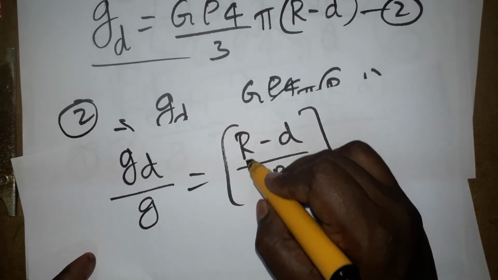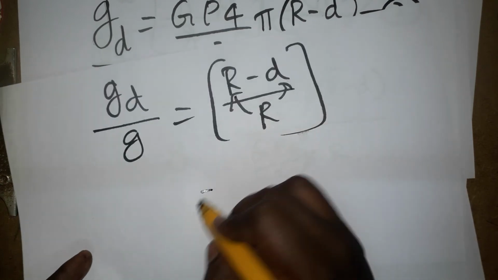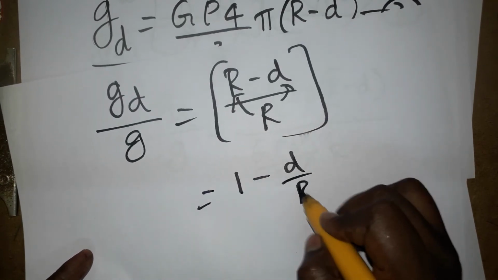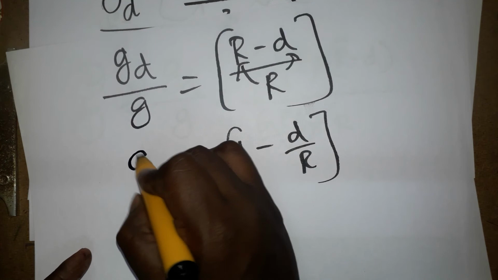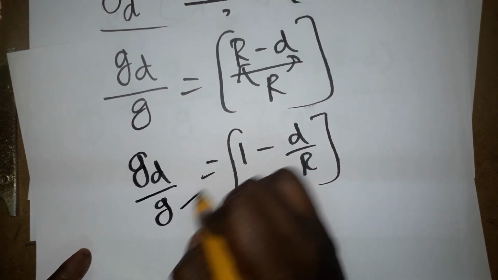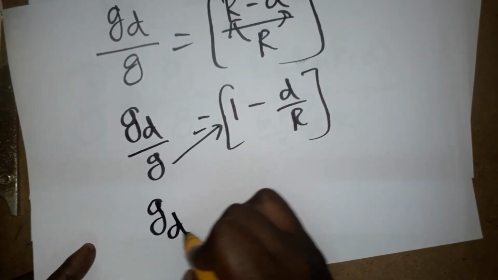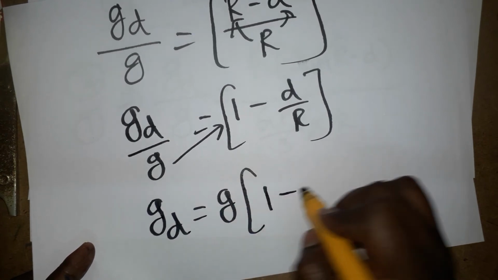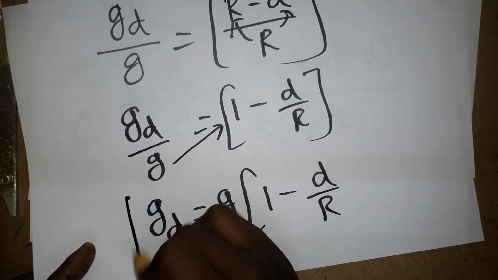R is common for both terms, so it is 1 minus d divided by R, equal to g_d divided by g. Bringing g here, g_d is equal to g times (1 minus d divided by R).